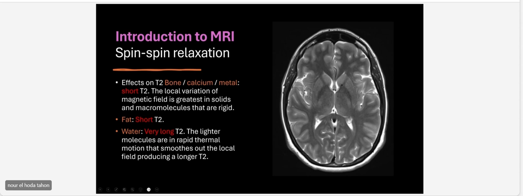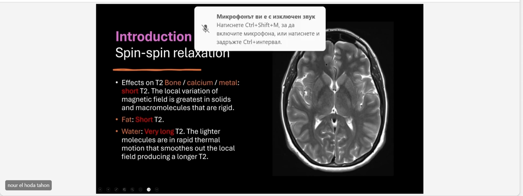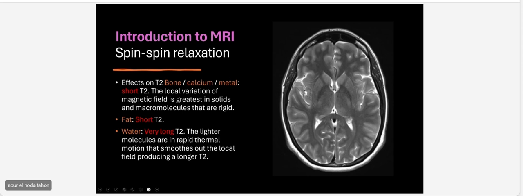We mentioned the water is long in T1, and it is very long in T2, and this means it will be bright. Short in T1 is fat, long in T1 is fluid and it's dark. Very long in T2 is water and it's bright. And you can appreciate that.